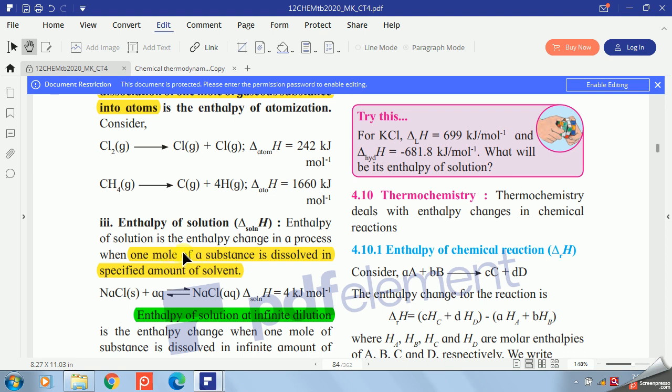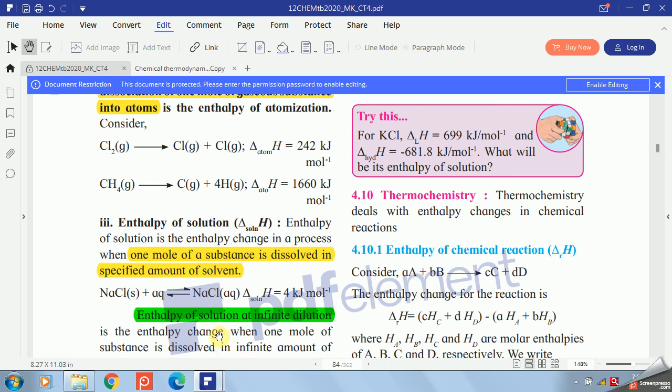Enthalpy of solution is the enthalpy change in a process when 1 mole of that substance is dissolved in specified amount of solvent. Here NaCl solid plus aqueous gives NaCl aqueous, and enthalpy of solution is 4 kilojoule per mole. In your practical also you have to learn about the enthalpy of solution of KNO3.